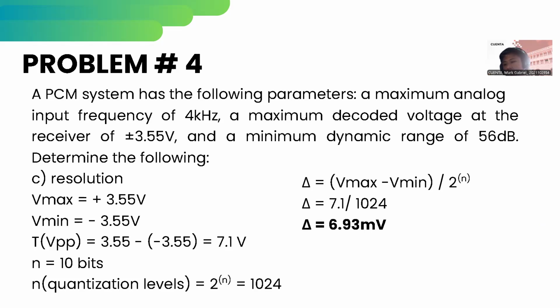So 2 raised to 10 is equal to 1024. So the resolution is equal to Vmax minus Vmin over 2 raised to n. We got those values earlier, so directly substitute. The resolution is equal to 7.1 over 1024, with the answer of 6.93 millivolts.